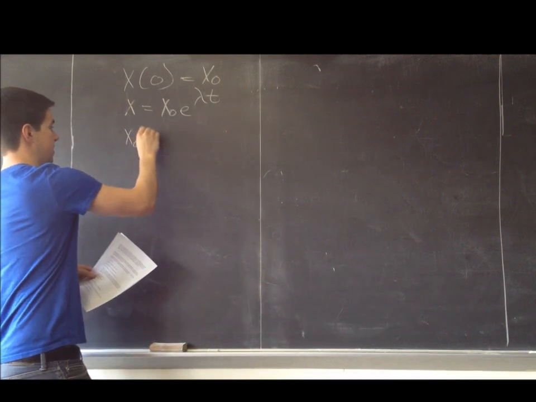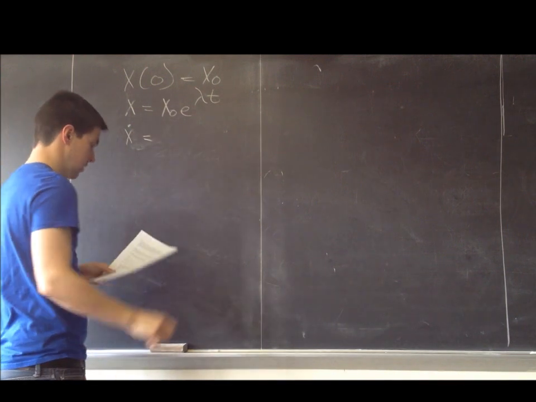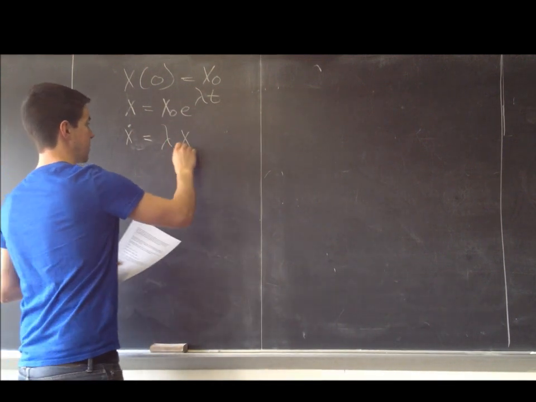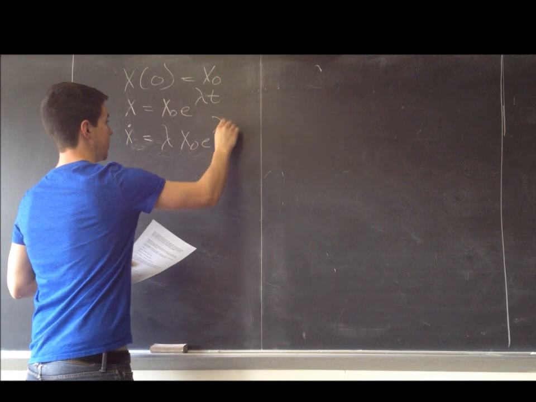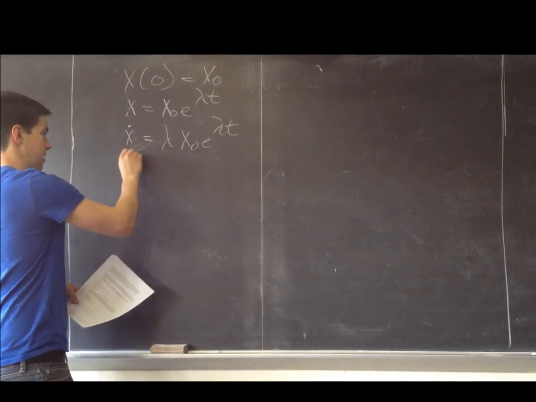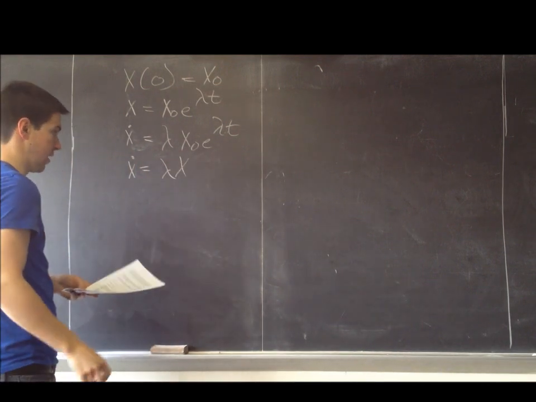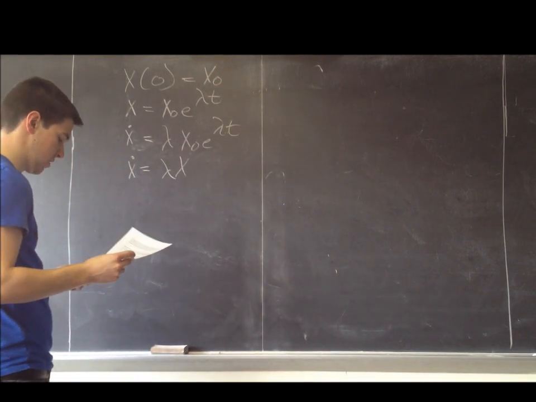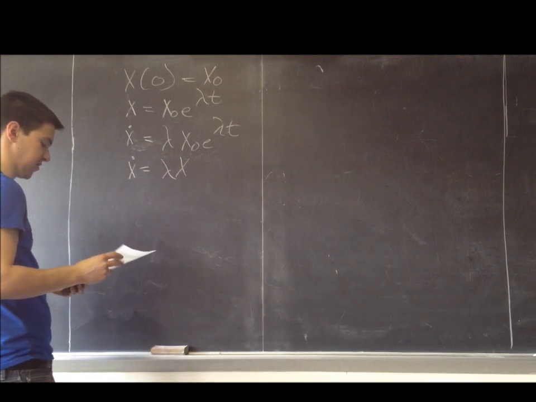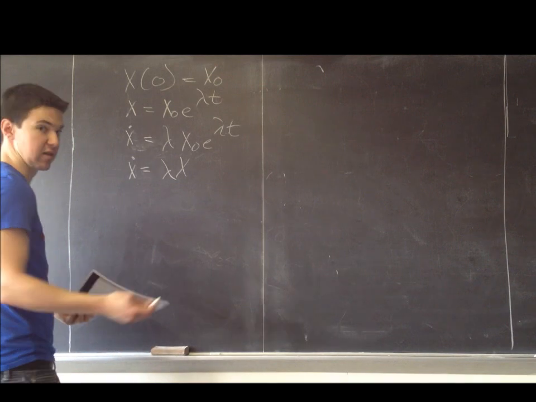X dot then equals lambda x naught e to lambda t, and through substitution we then find that x dot equals lambda x. From before we know what the matrix value for x dot is, so we then set them equal to each other.